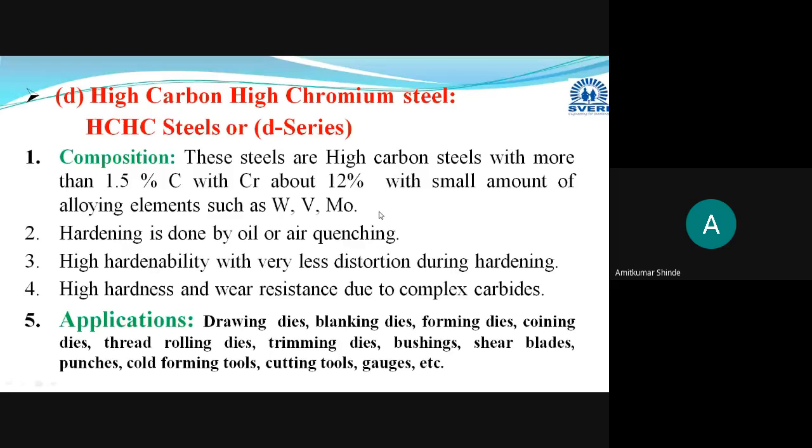So in this lecture we have started the tool steel part, and in that we have completed the cold worked tool steels. We discussed in detail what a cold worked tool steel is and what its properties are. Then we discussed the four subtypes: water hardening tool steel, oil hardening tool steel, air hardening tool steel, and high carbon, high chromium tool steel, along with their composition, properties, and different applications.